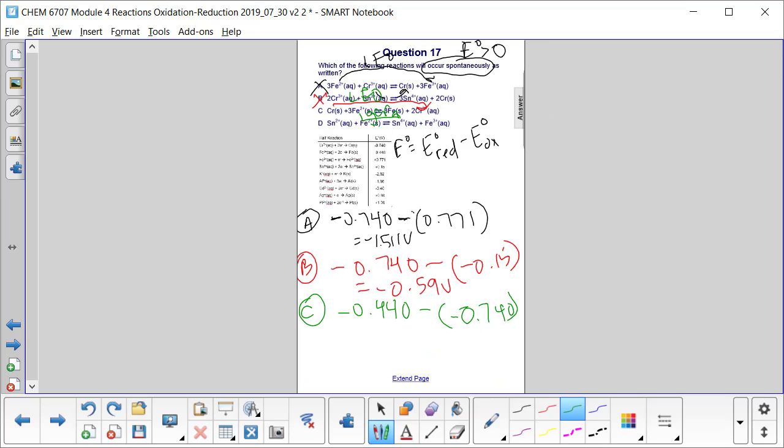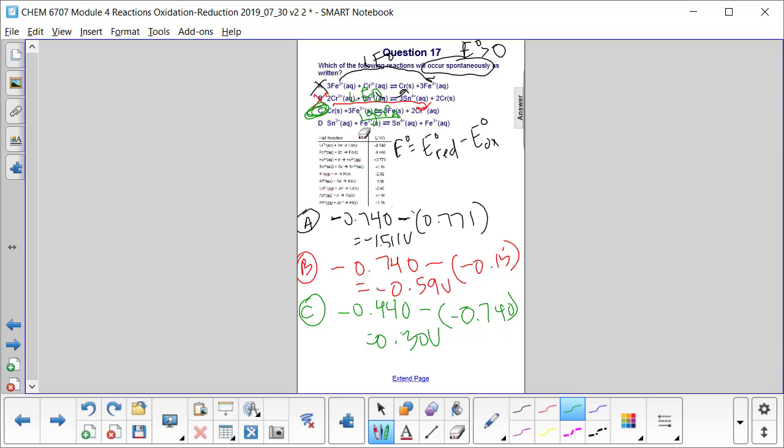Okay. So we get negative 0.440 and then minus a negative is 0.30. So that's our answer. That's the one that will occur spontaneously because the cell potential is positive.